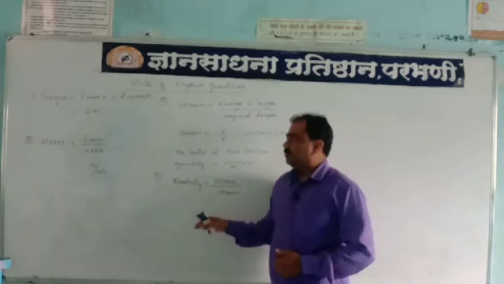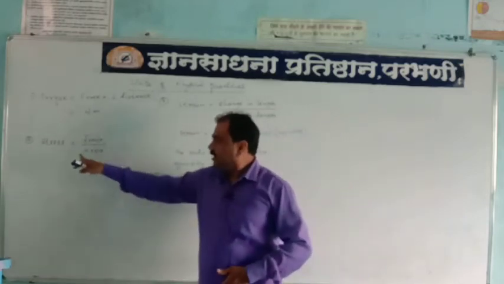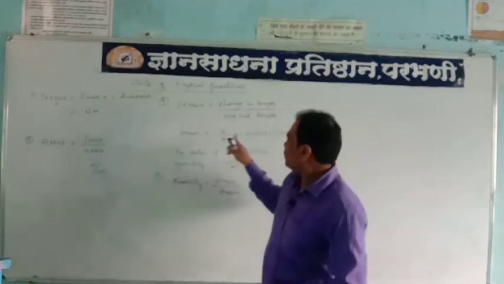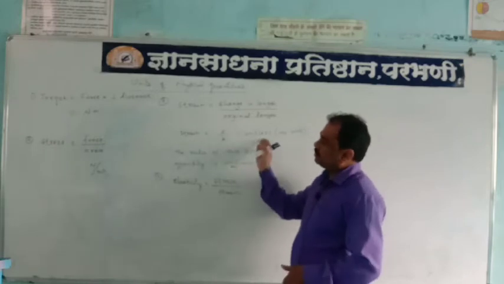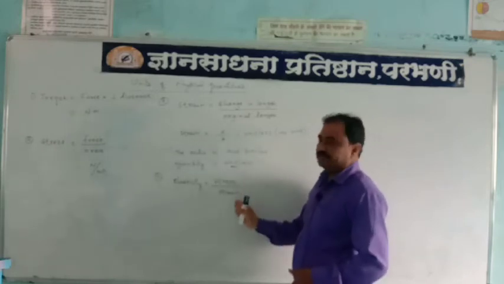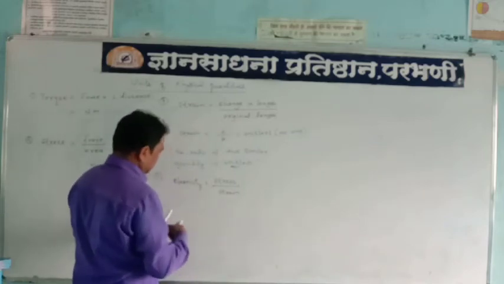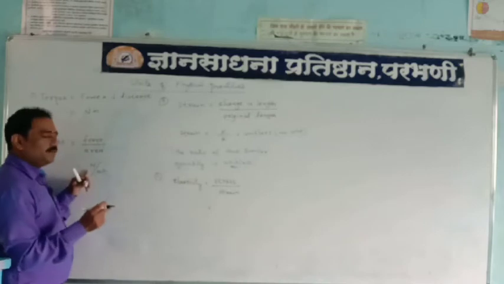and we have already calculated the unit for stress as well as the unit for strain. Okay, so we can put these two SI units in this formula. So instead of stress, what is the unit for stress?